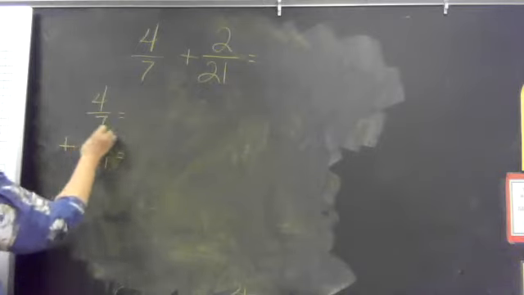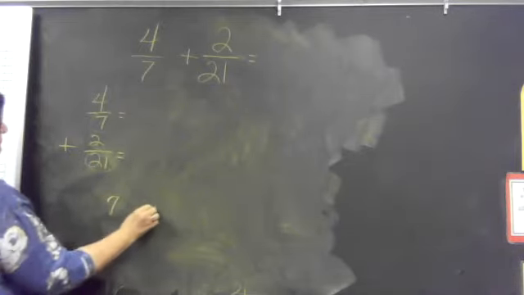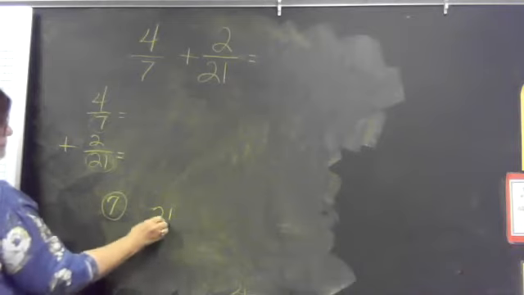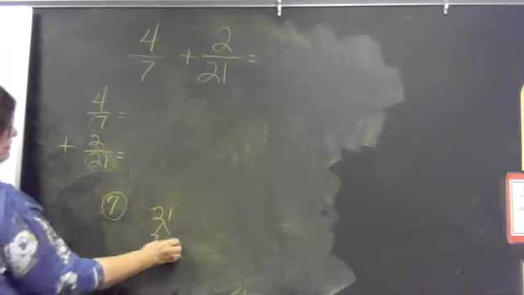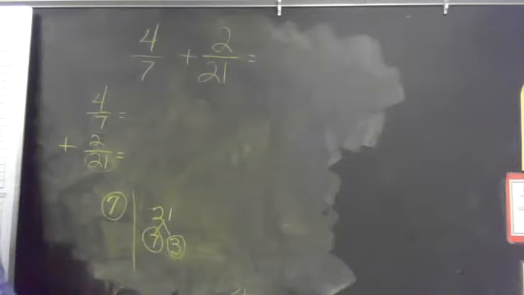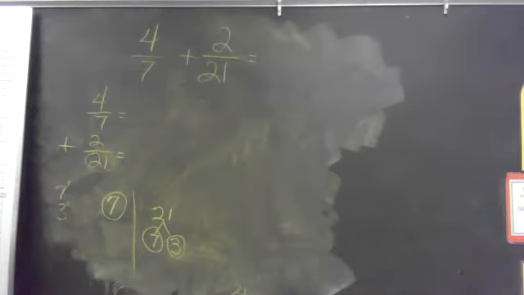We have to get common denominators. They're not. Seven is already prime. We have 7 times 3 here. So my common denominator is 21.